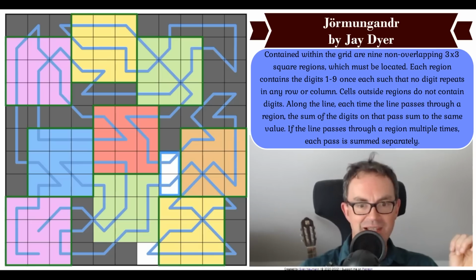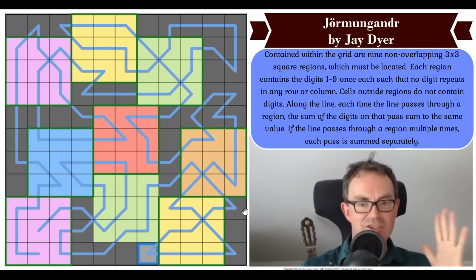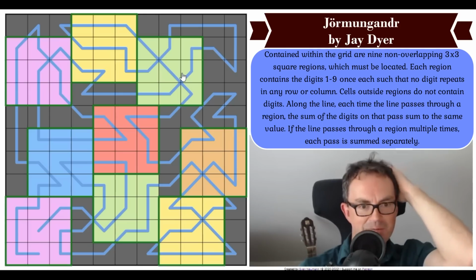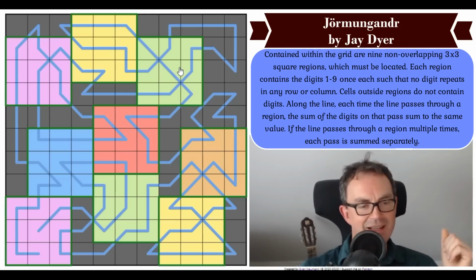And unbelievably, and this is so extraordinary, isn't it? We have actually got the locations of all of the regions in the puzzle. And that feels like some sort of miracle, actually, to me at least.